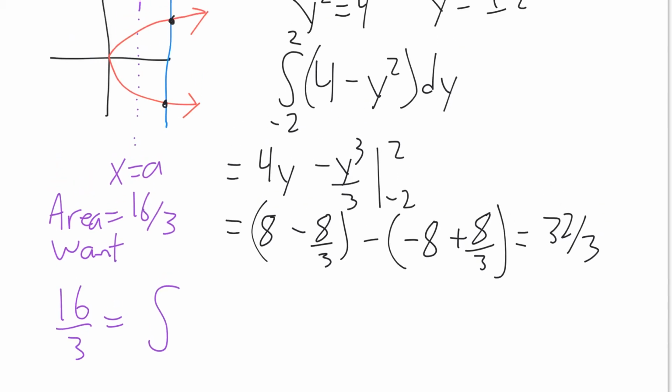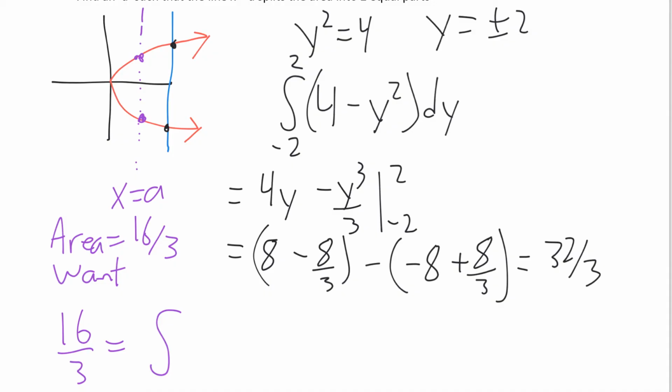Now, in this case, we're going to integrate x equals A will be our upper curve, and the red parabola will still be our lower curve. So we'll be integrating along that parabola, trying to find where those points of intersection are. Well, looking back when we solved the first time, originally we had y squared equals 4, so y was equal to plus or minus 2.